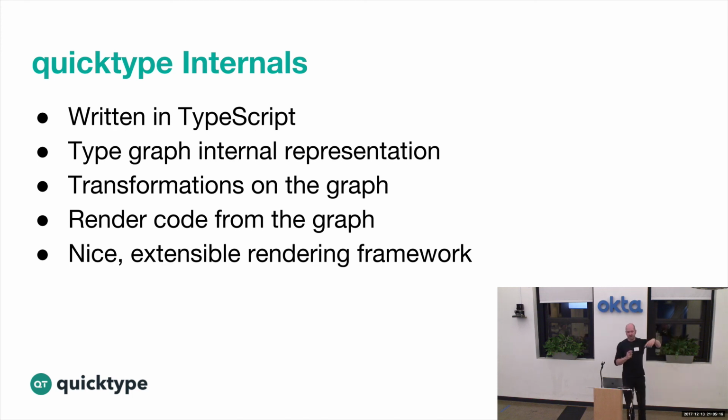And we do a few transformations on this type graph, like for example, detecting when classes are supposed to be the same and collapsing them, which is actually a pretty non-trivial operation if you think about it in terms of what has to happen in the graph. And also the enum inference and stuff. And then all the backends generate code from that type graph.